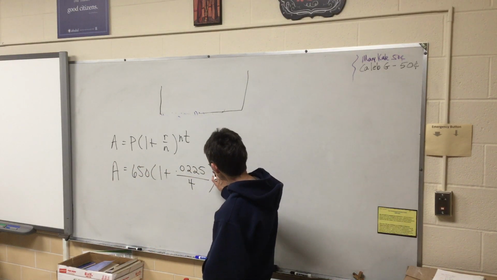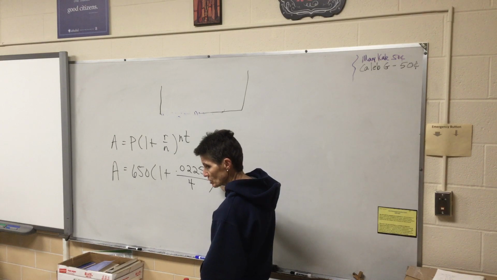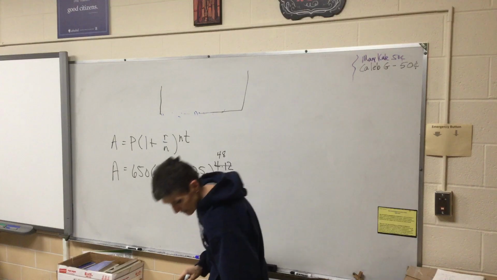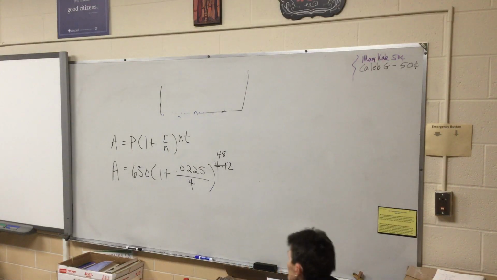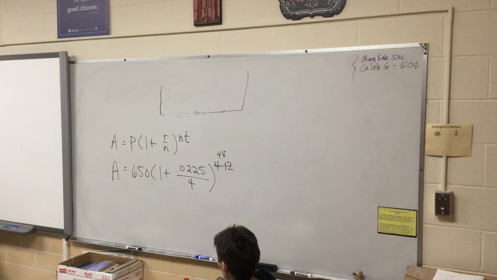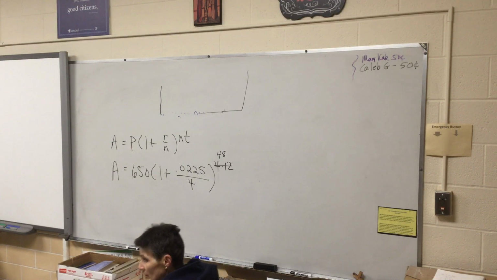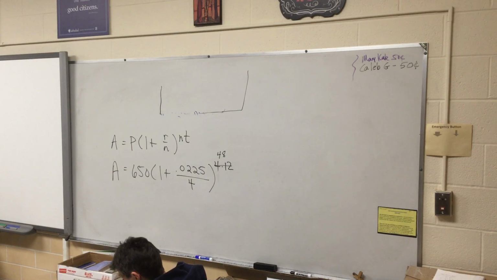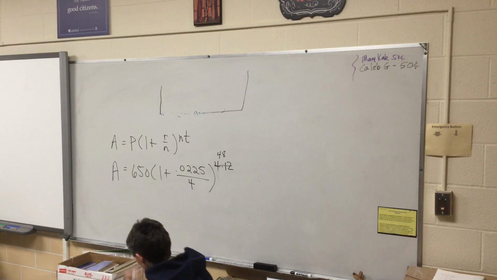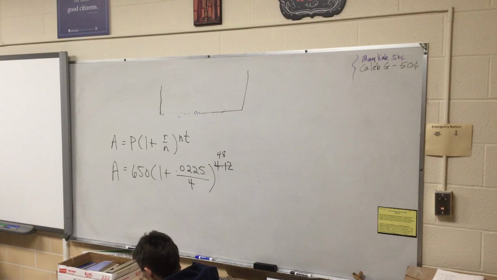So first thing, let's multiply the 4 and the 12 so we have just one exponent. Yeah, that's always a real easy thing to do, so we'll do that first. Now, can I just put it all in my calculator? Exactly. Just type it all in. Make sure you've got parentheses there, so 650 parentheses 1 plus.